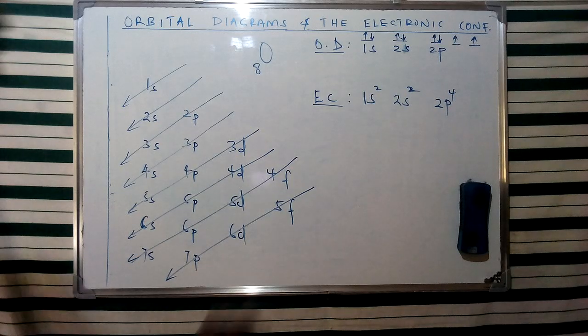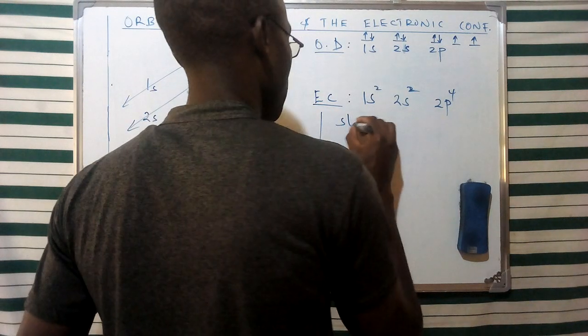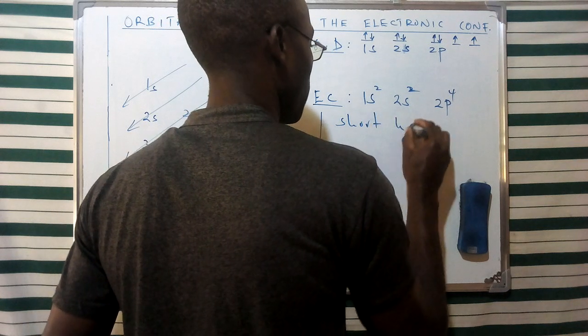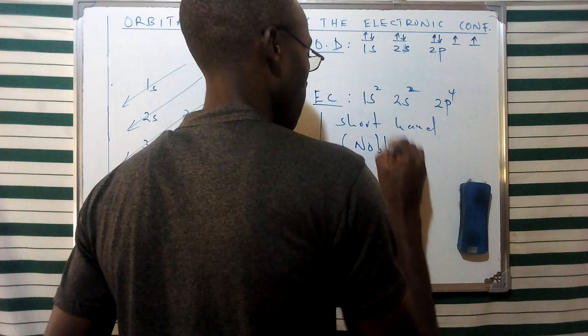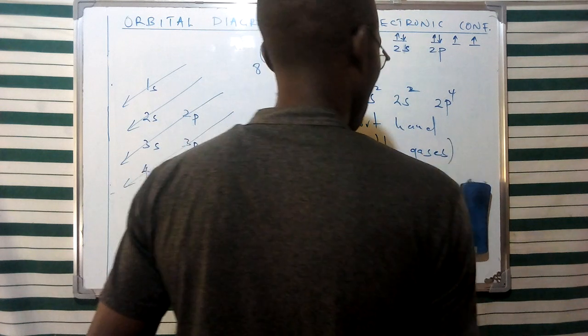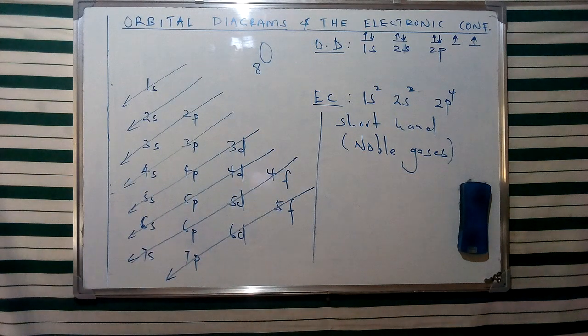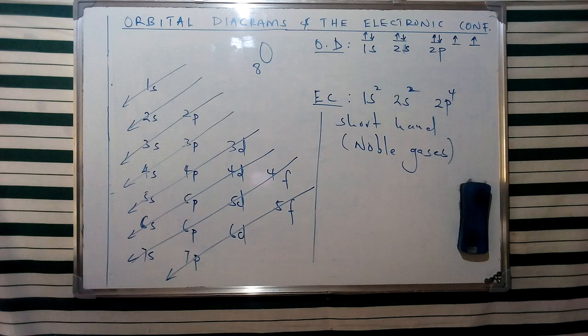Now, I mentioned that we can use a shorthand form to represent this electronic configuration, and this, of course, was using the concept of noble gases, which are going to assist us in writing a summary of the electronic configuration of these various elements.